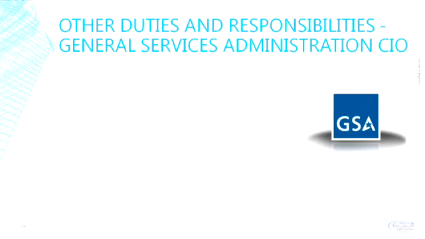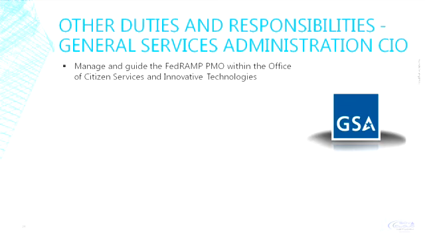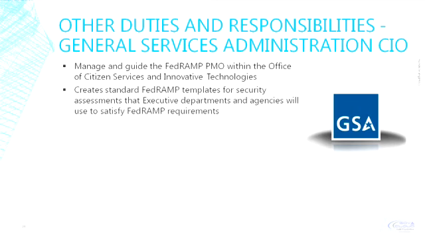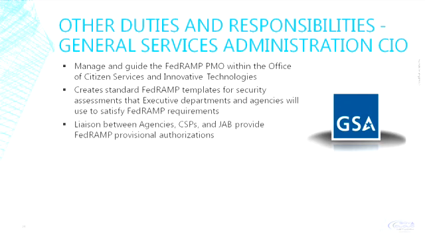They must manage FedRAMP's continuous monitoring for compliance to FedRAMP. The GSA CIO also has additional responsibilities, which include the management and guidance of the FedRAMP Program Management Office and the establishment of standard FedRAMP templates. They must act as a liaison between agencies, cloud service providers, and the JAB.